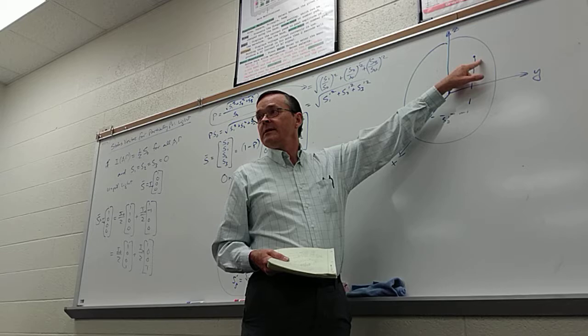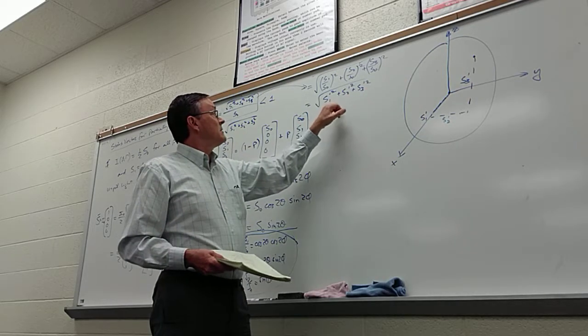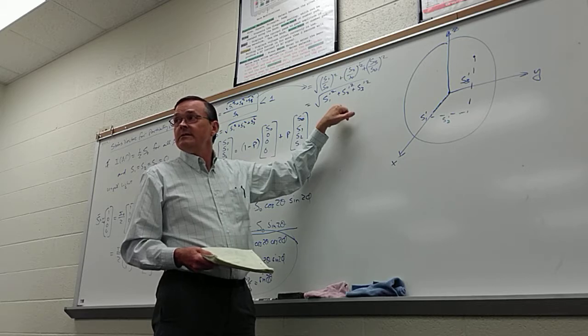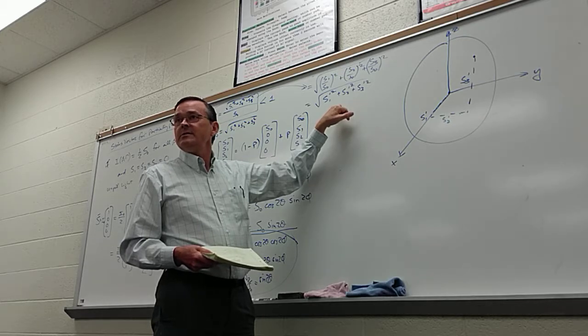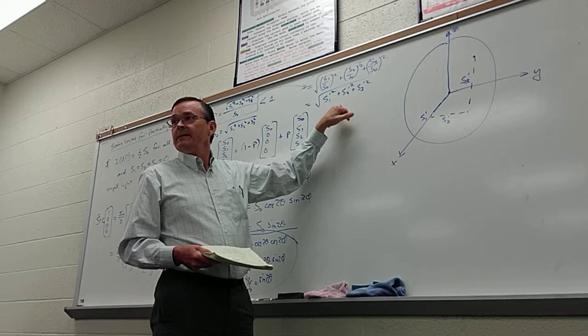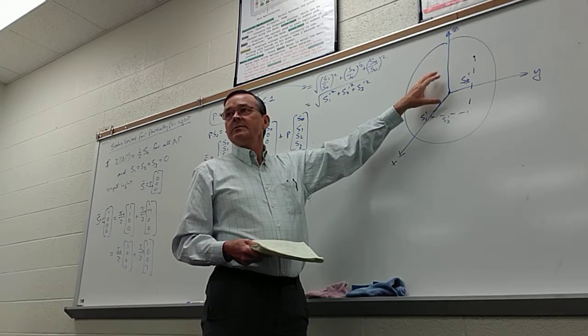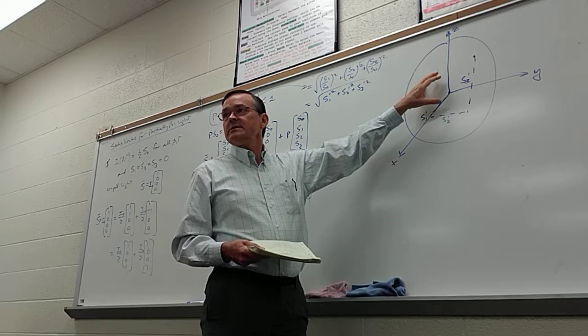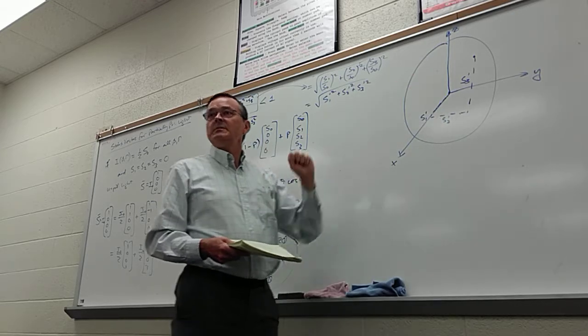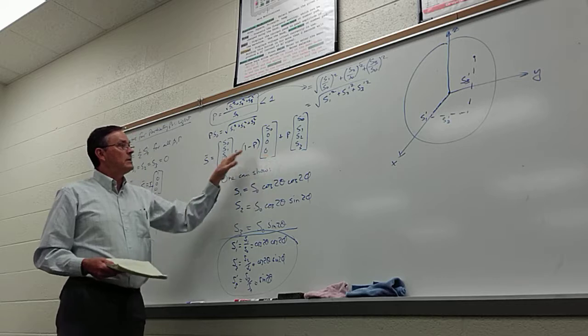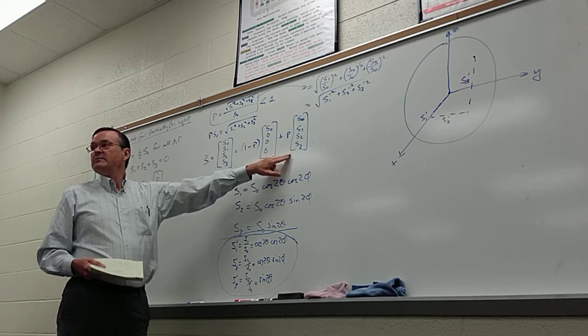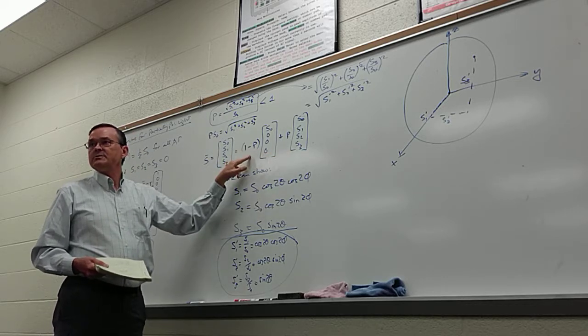So if the magnitude here is less than 1, it's a point inside the Poincare sphere. In other words, all points inside the surface represent partial polarization states. And how much polarization is there? Well, just separate it out like this. This will tell you what the polarized amount is. This tells you what the unpolarized amount is.